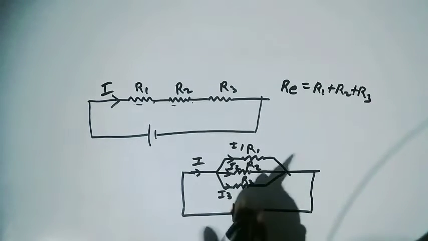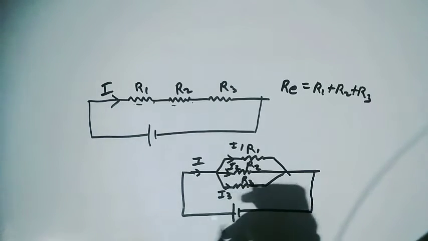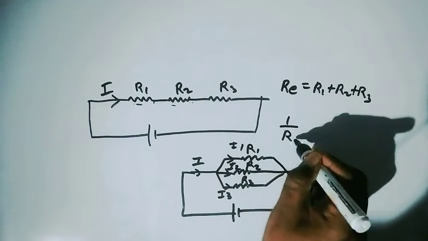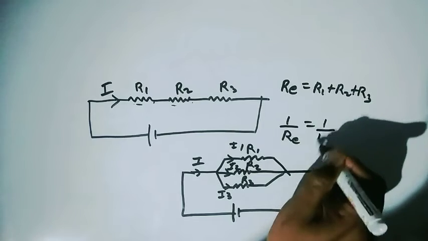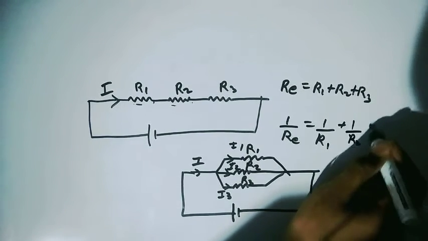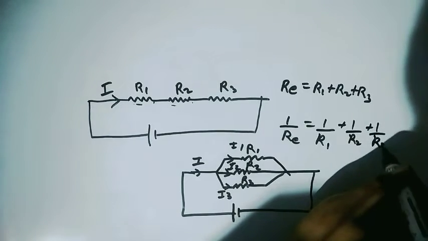So these three are said to be connected in parallel, and to find the equivalent resistance we have this formula: 1 by R equivalent is 1 by R1 plus 1 by R2 plus 1 by R3.